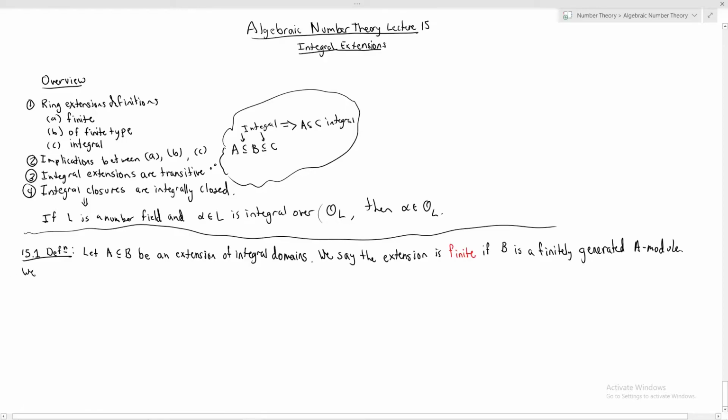We say the extension is finitely generated, or sorry, got ahead of myself. We say the extension is of finite type. Okay, this is different.